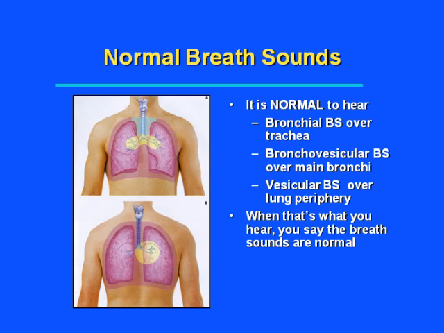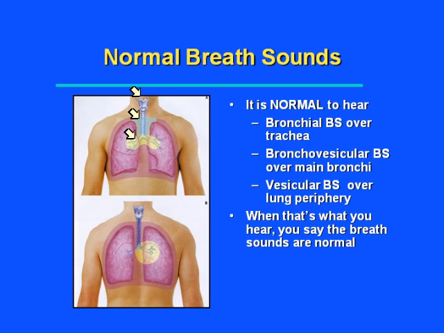So if you look at this picture, this green area is the trachea. And the sounds that you hear over there are harsh because they come more directly from the voice box and turbulent flow in the trachea. So it's normal to hear what are actually called bronchial breath sounds over this large airway.